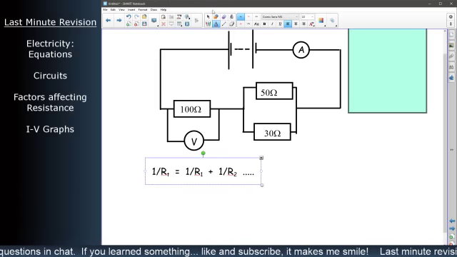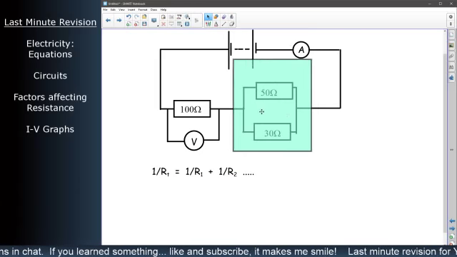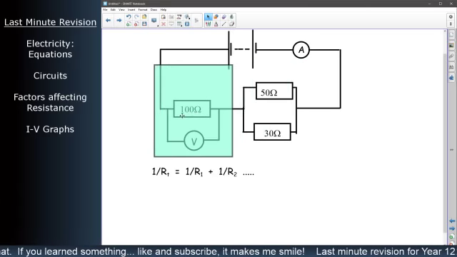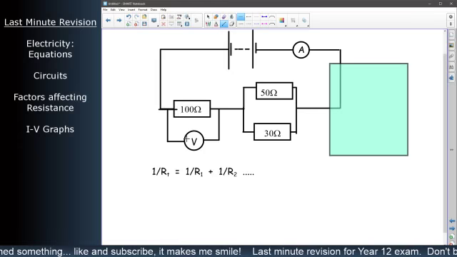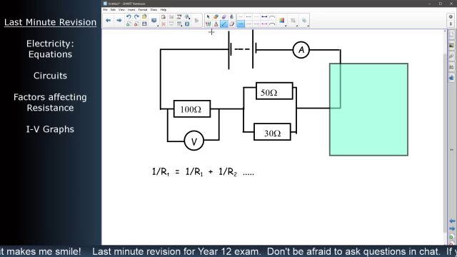We're only going to use R1 and R2 because I'm only trying to get rid of this section. This isn't parallel. I have no choice, I have to go through this 100 ohm resistor, so it's a series resistor and has the series rules. But at this point, I can either go this way or this way.